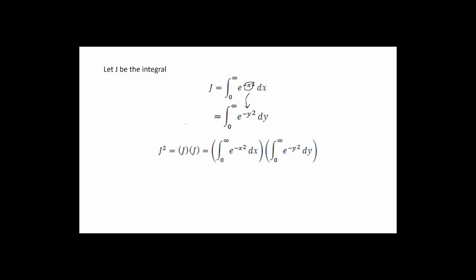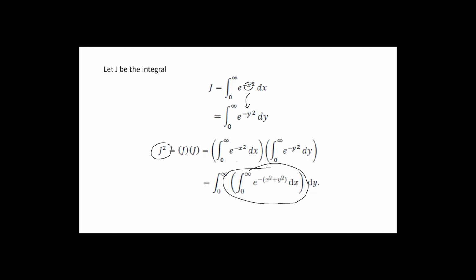Now similarly with the previous proof, it can be written as j squared, which allows us to apply some substitutions later on, which when simplified gets us a double integral from 0 to infinity of e to the minus x squared minus y squared dx in brackets dy.